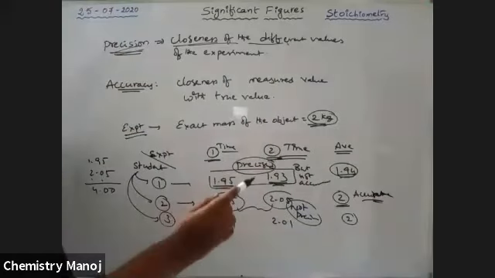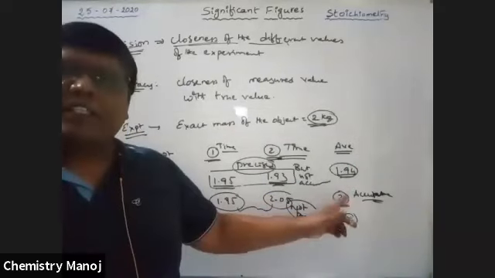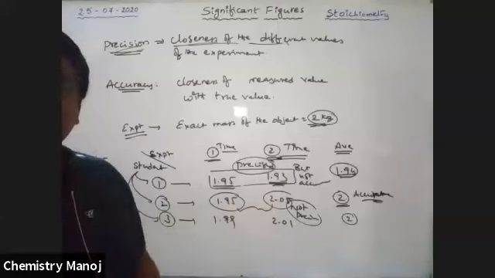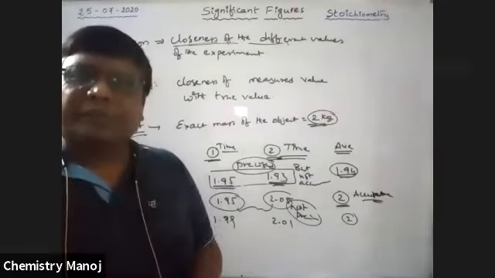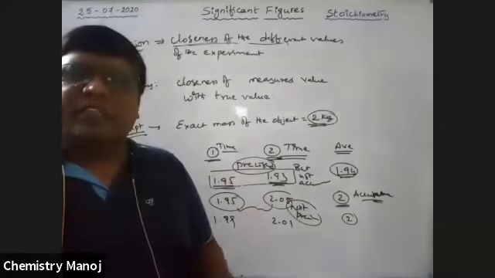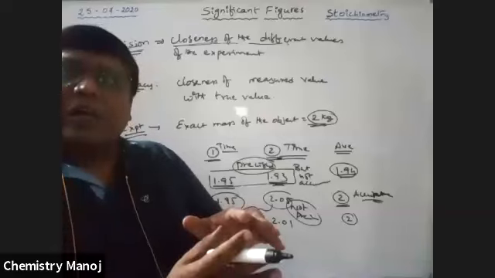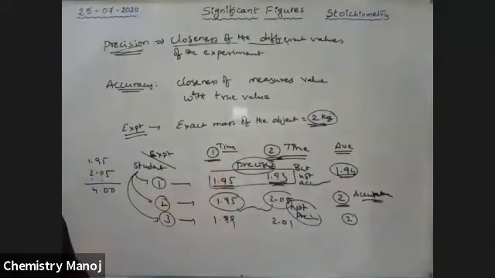That means the final answer is accurate, but the values are not precise. Precise means closeness of the experimental values. Accuracy is the closeness of the value to the true value.